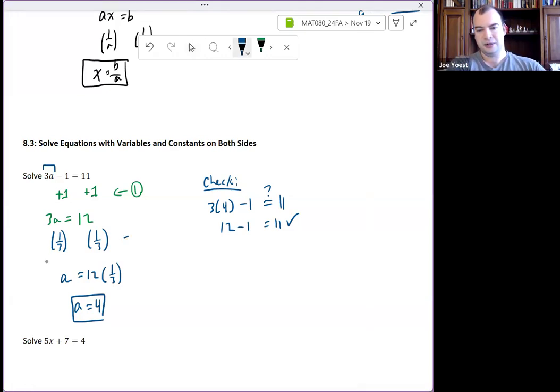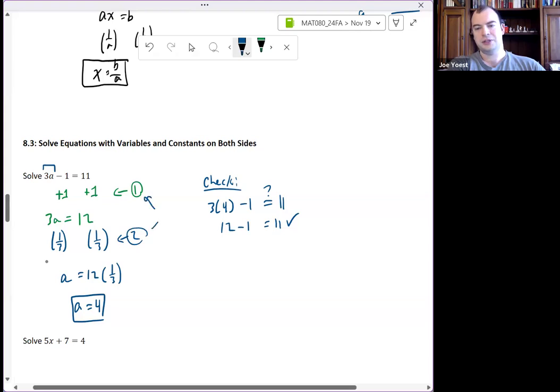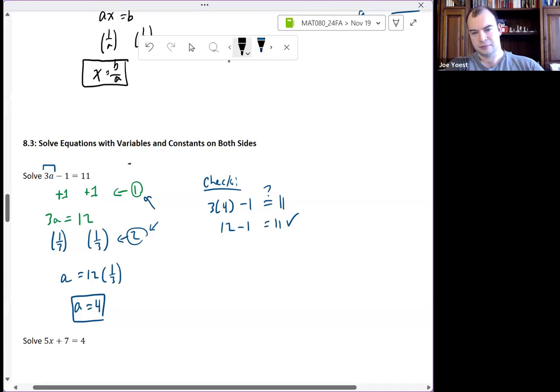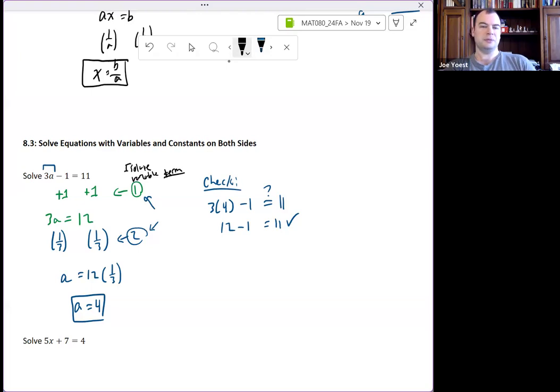So note that I applied 2 equation solving steps here. My goal was to first isolate the variable term, so get the 3a by itself.